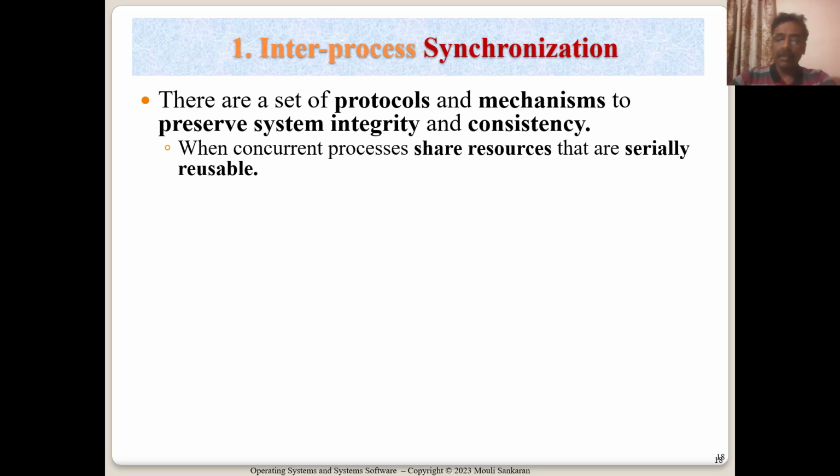Now, synchronization means there is a set of protocols. Suppose you have shared data which cannot be accessed by multiple processes simultaneously. You want one process at a time to use that particular data, because whenever data is accessed, suppose it is being modified, the data is read from memory and taken to the CPU, modified, and returned back to memory.